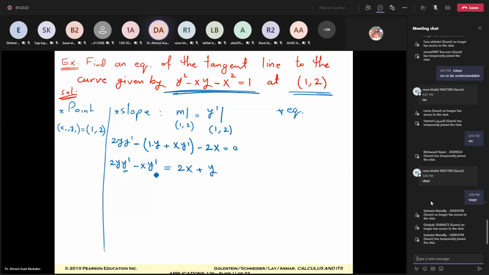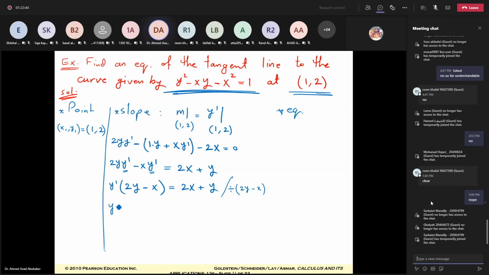Take y′ as a common factor. This equals (2y minus x), and this equals 2x plus y. Divide all of this by 2y minus x, the coefficient of y′.